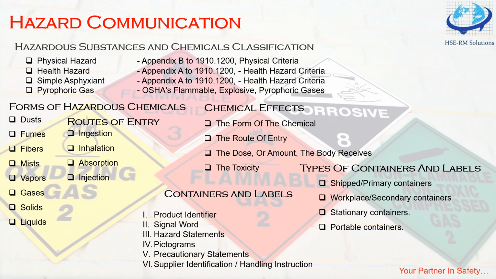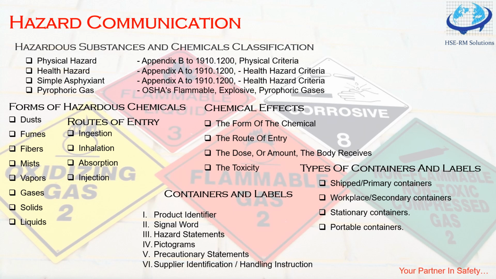What are fibers? Fibers are similar to dust but are of elongated shape, like asbestos fiber or fiberglass. What are mists? Mists are basically liquid droplets that have been sprayed into the atmosphere. Vapors are gases formed when a liquid evaporates. Correct.